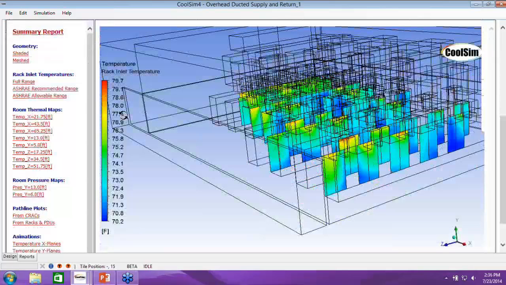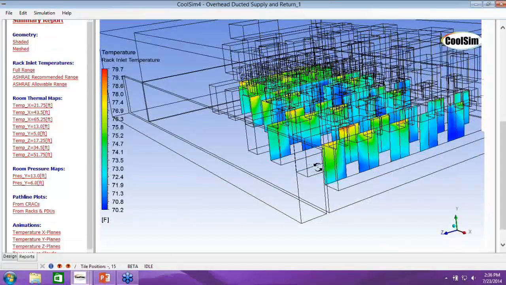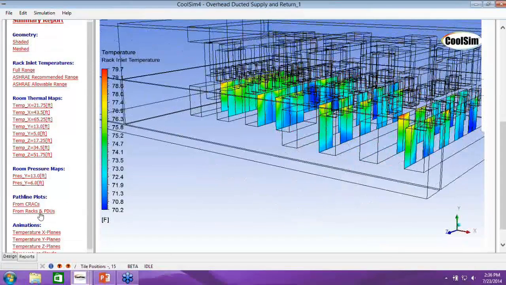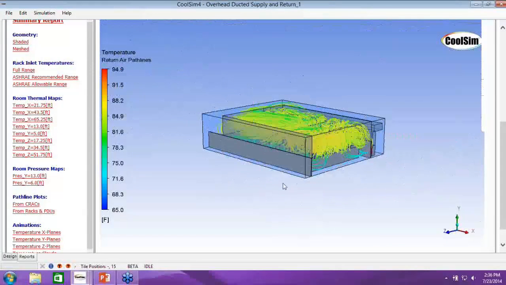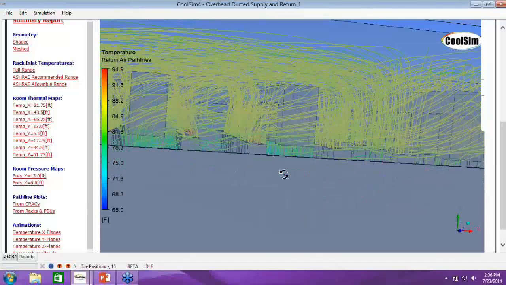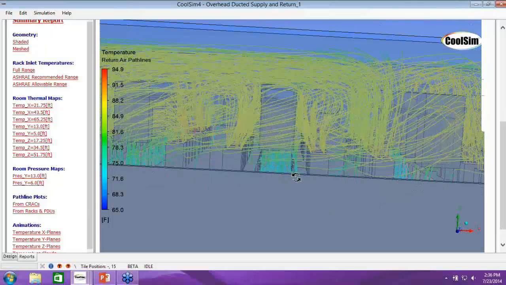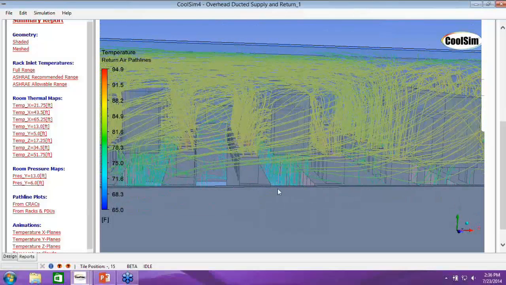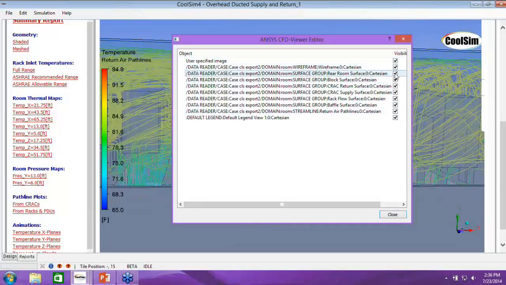We're seeing just about 10 degrees, a little less than 10 degrees of differential across it. There is still some mixing going on in this room as well. But there's less of it now. You see, most of those path lines are now up on top. And again, we can remove some of this so that we can see it a little bit better.